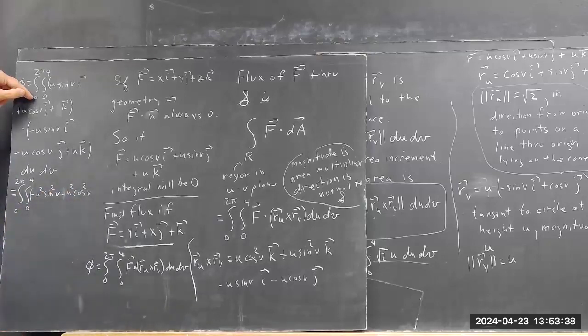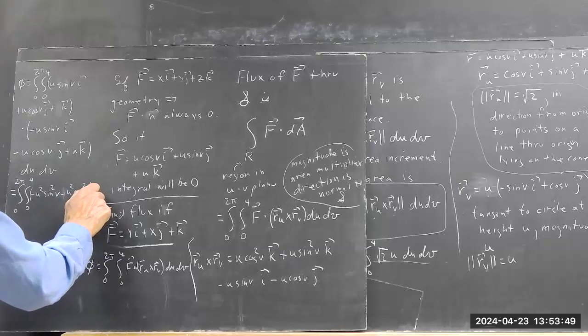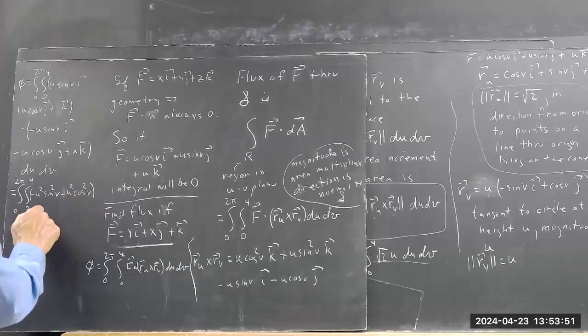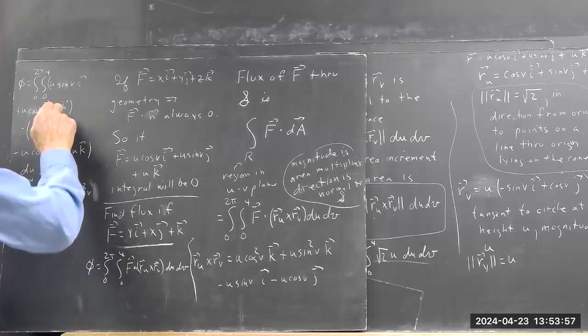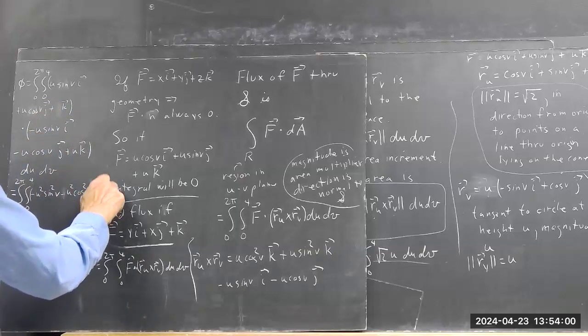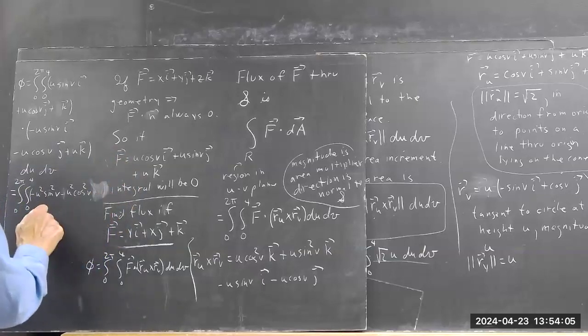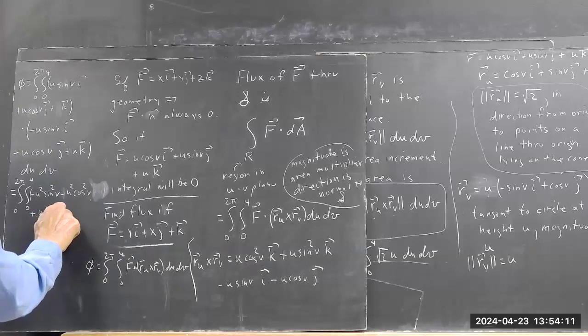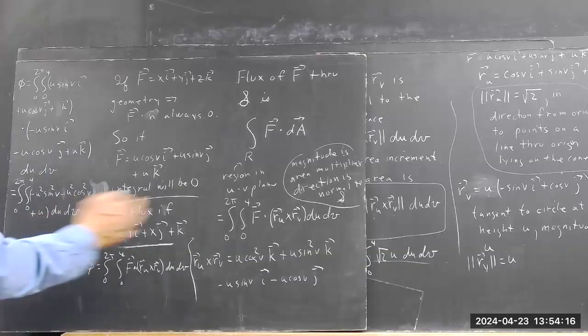Okay, of course, you got u cosine v dotted with negative u cosine v. And that's going to give you u squared. And then k dotted with uk is plus u. Right, plus u down here. And that's with the du dv. And that's really easy to integrate.